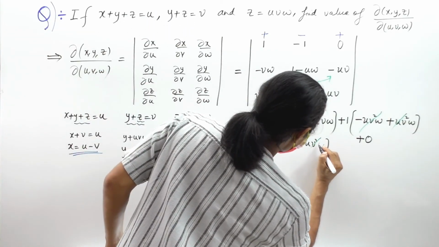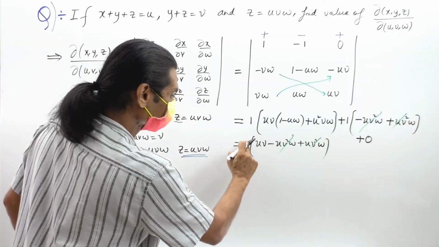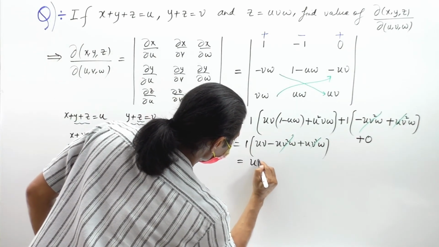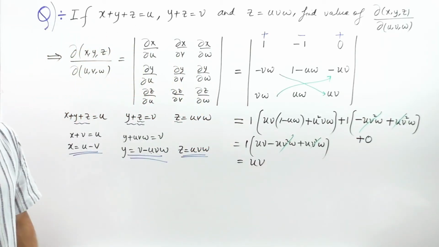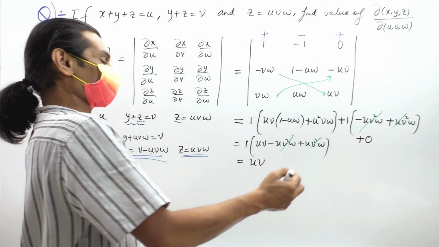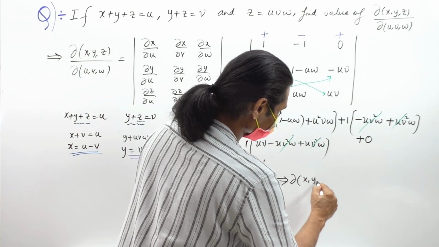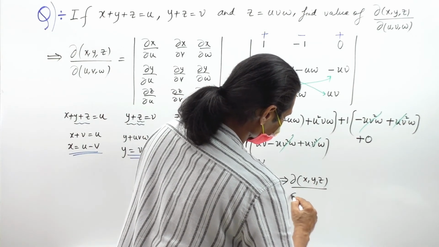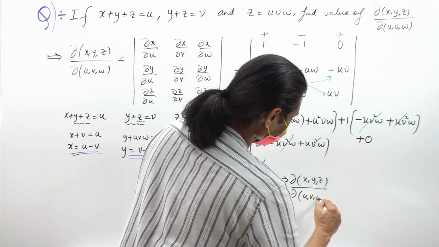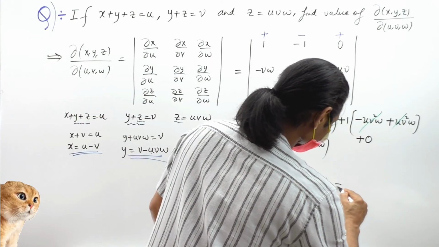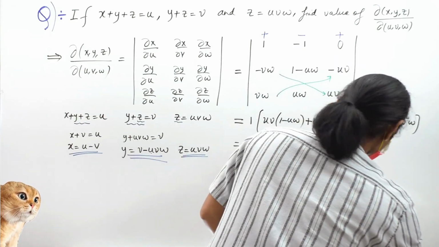That means we have 1 into uv, which is nothing but uv. That is the answer. Understood? Therefore, dou of x, y, z with respect to u, v, w is equal to uv. That is the answer. That is it.